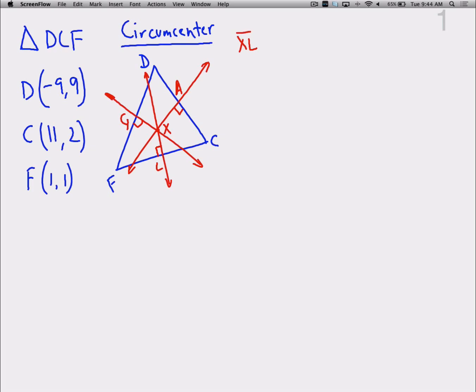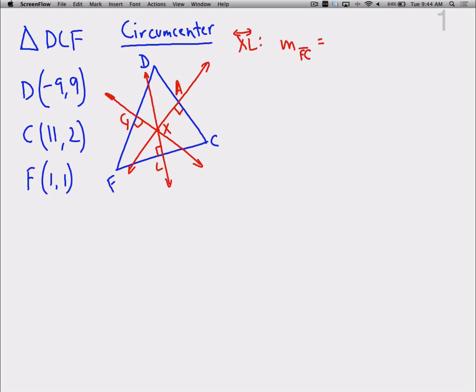So we're going to look for the equation of XL. If XL is a perpendicular bisector, what do I need to find? The slope of FC. Good. Hold on, let's take it in stages. I don't want to create too much of a problem here. Okay, slope of FC. Whoops, FC, not FG.